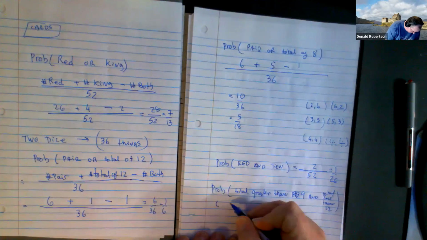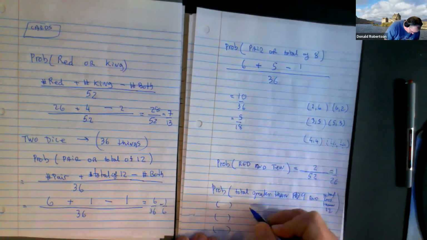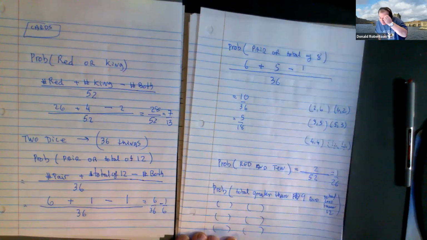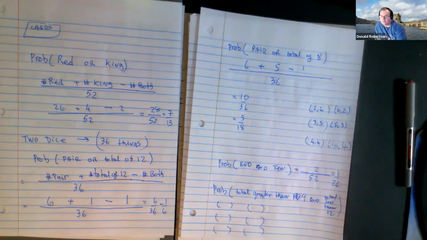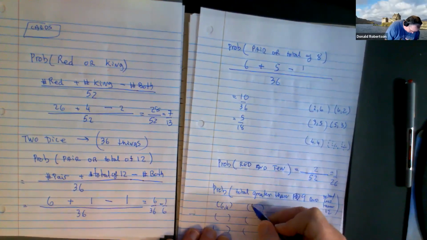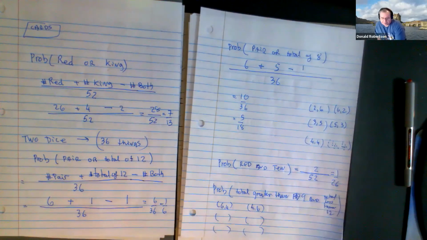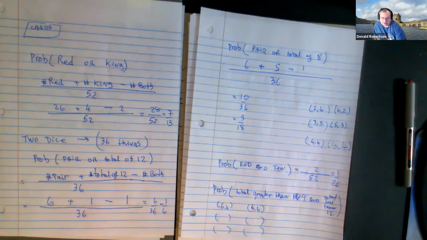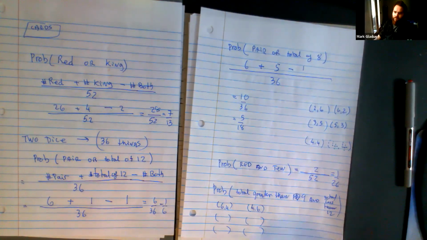Let's start with 10. Give me a combination that gives you 10. 6 and 4. So if you do 6 and 4, reverse it works. Is there any other way to get a 10? 5 and 5.